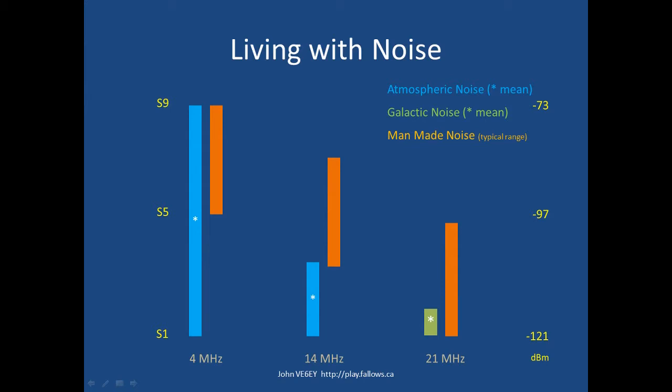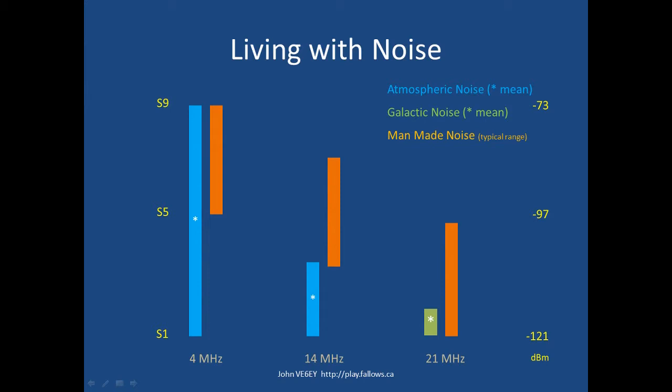And that's typically maybe S1 to S2. So that's atmospheric noise. It's always with us. We can't get away from it. Different times of year, there might be more, like during the summer with all the thunderstorms, there's a lot more. During the winter, it tends to be a bit quieter, at least on the lower frequencies.